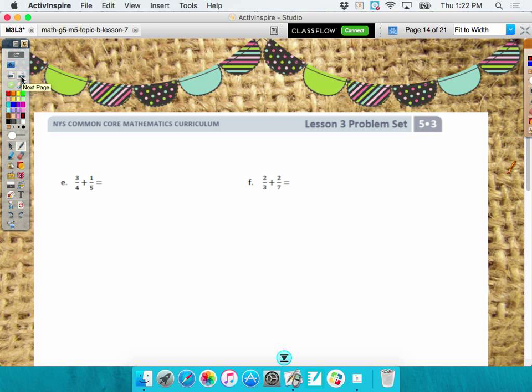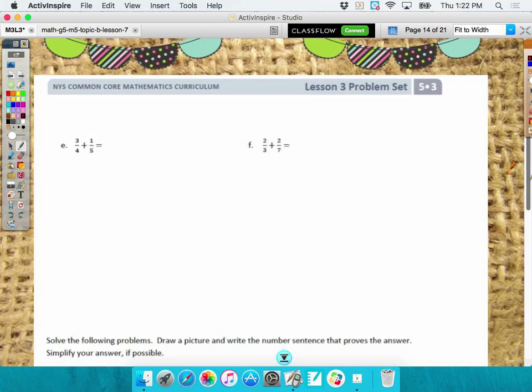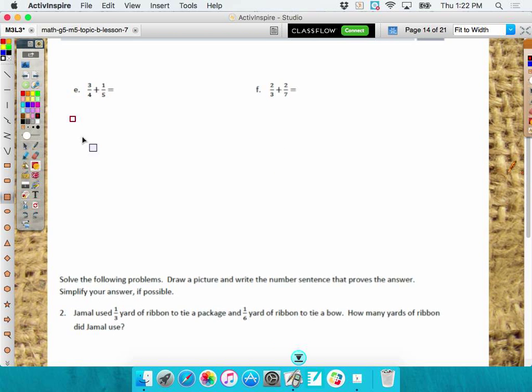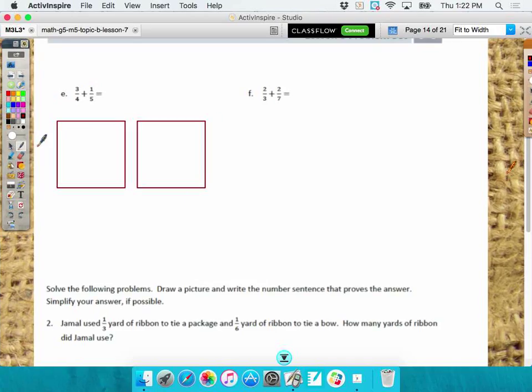Now these are a little bit more difficult. So this is a little different. Rayleigh, tell me what to do on the first area model. So 4 equal parts, 3 lines, and how many are shaded this time?